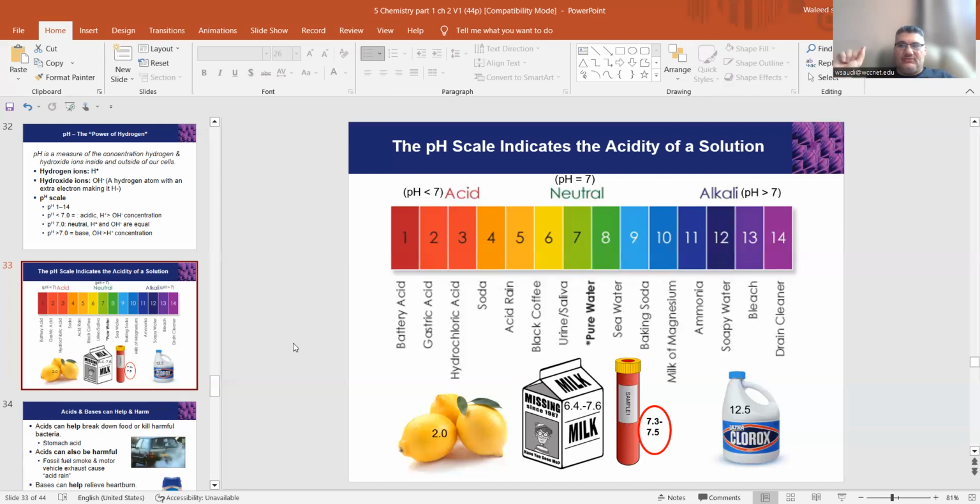Acidic is more hydrogen. You guys need to remember this. Acidic is more hydrogen. Alkaline is more OH. I know we're still working on it, but I want you to catch this part because it's important. Acid, more hydrogen. Base or alkaline is more OH.